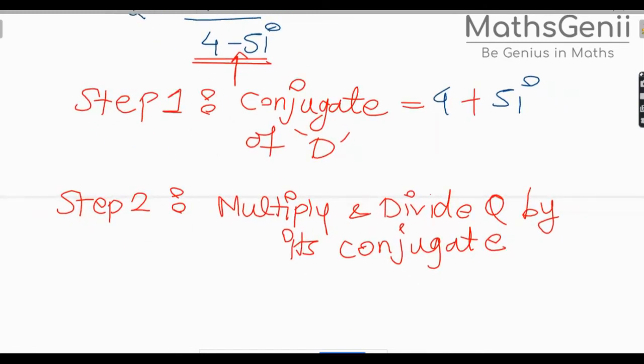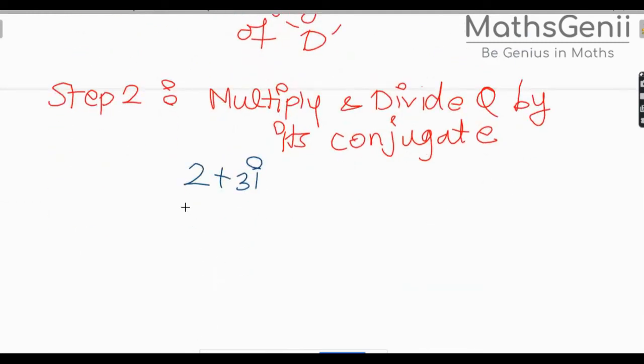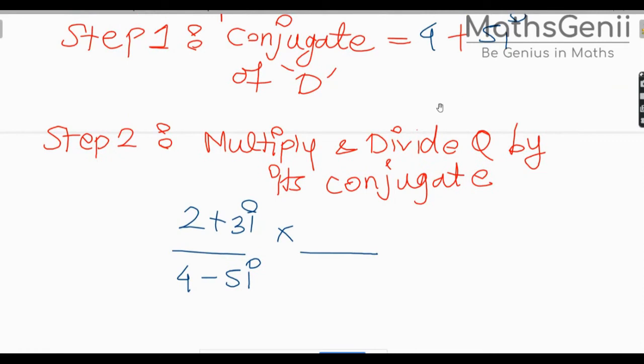So let me copy the question. 2 plus 3i upon 4 minus 5i. Multiply and divide by its conjugate. What is the conjugate? 4 plus 5i.